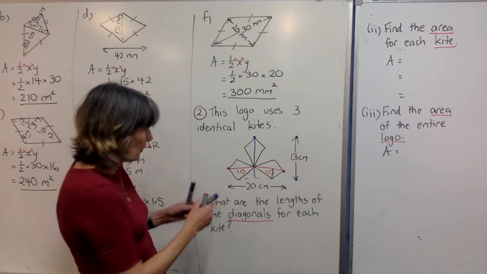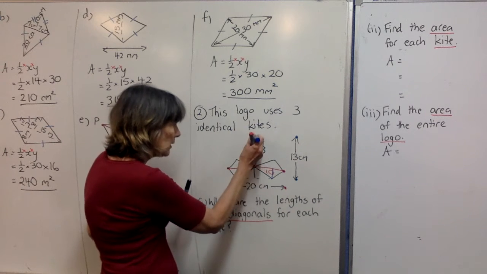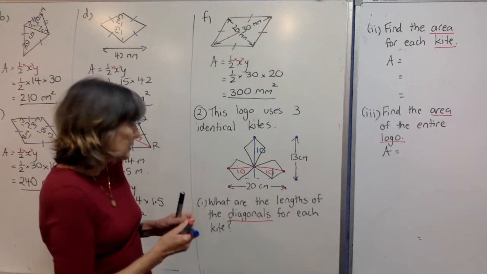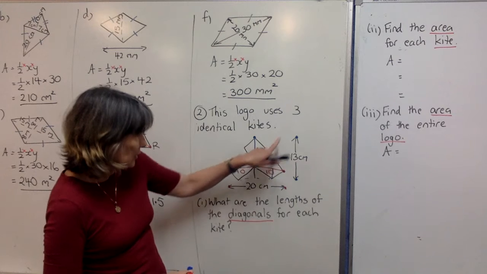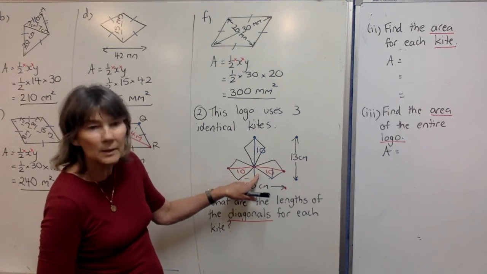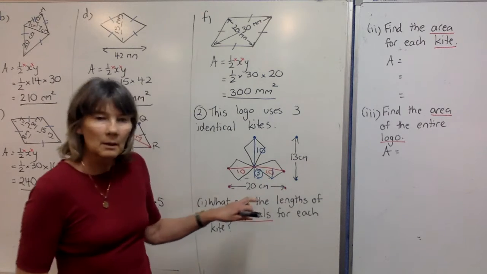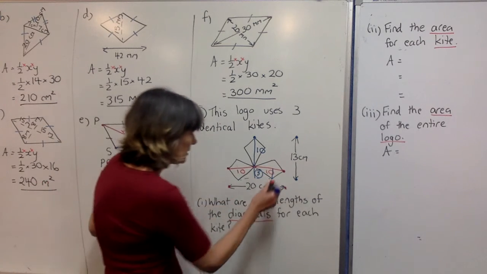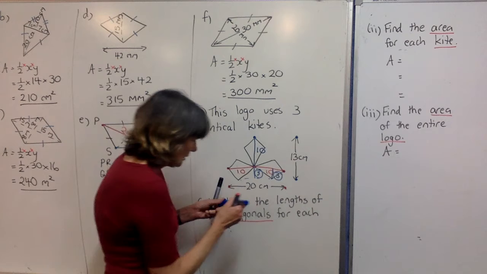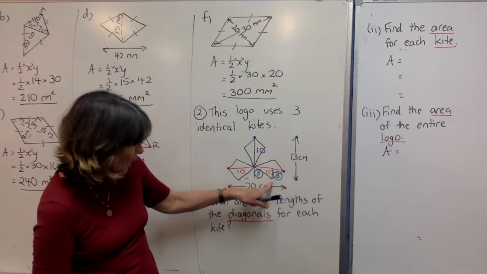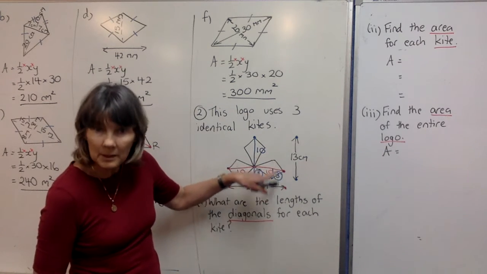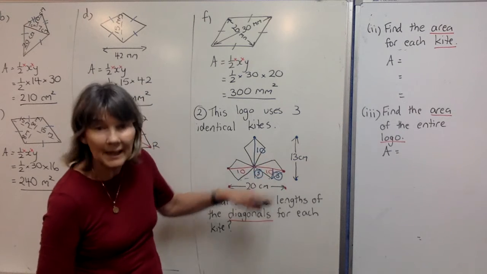So we can go and put that in up here already. We know that's going to be 10. So that means that this little piece left here, if that's all 13, this little piece will have to be 3. That means that little bit there is 3. So how long will that little diagonal be? It would have to be double that. So that's going to be 6.